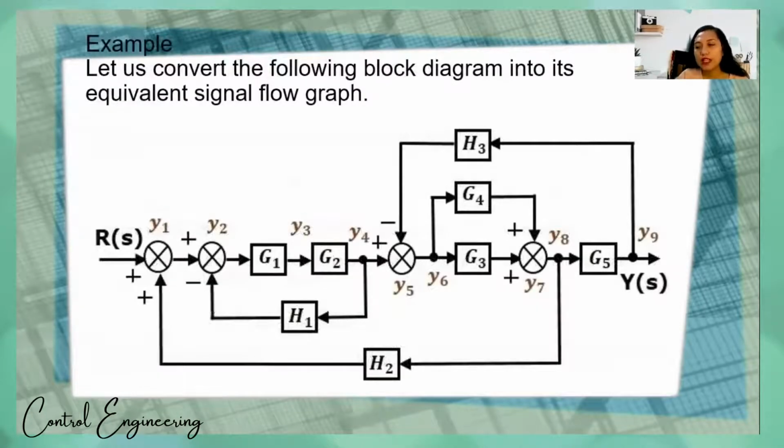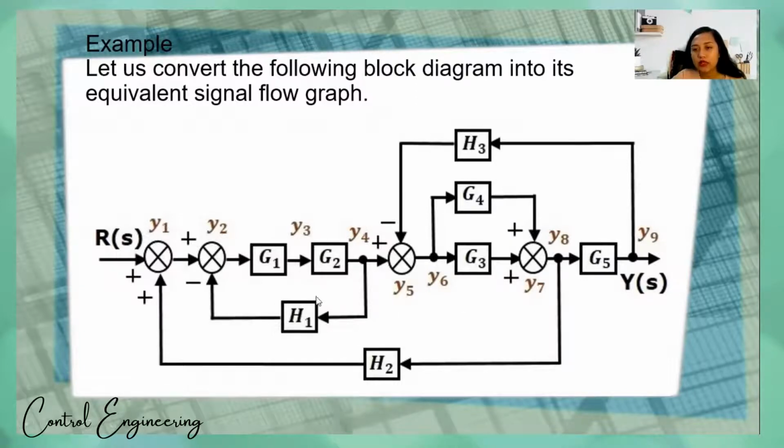Okay, so for example, let us convert the following block diagram to its equivalent signal flow graph. As you can see, this is the sample block diagram. Okay, ito na yung magiging Y1 natin, ito yung branch, ito yung mga nodes natin. So see the Y4, Y5, Y6, Y7, and Y8 to Y9.